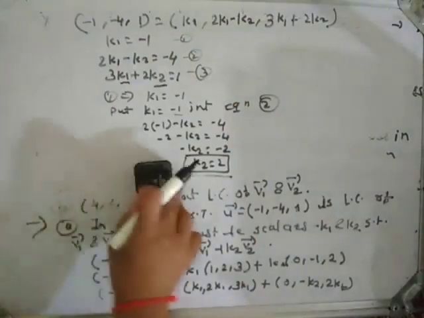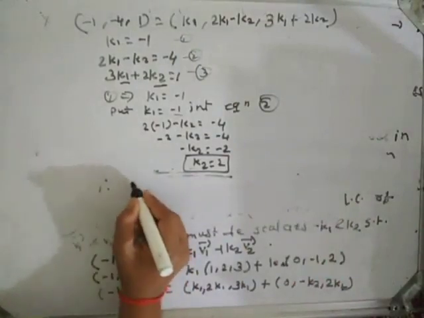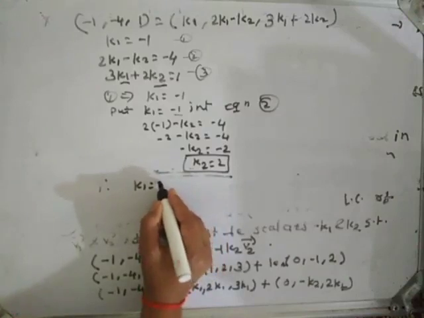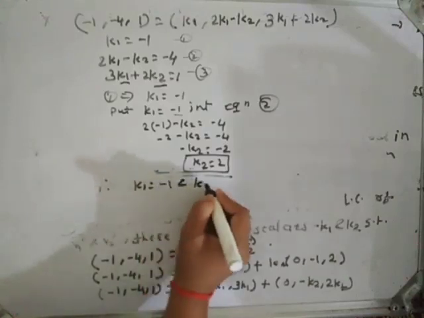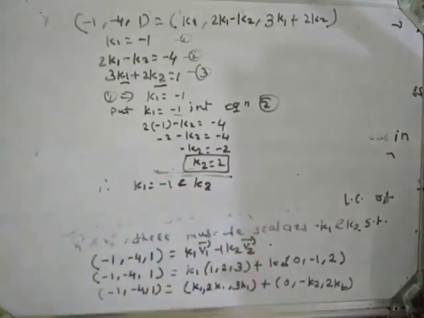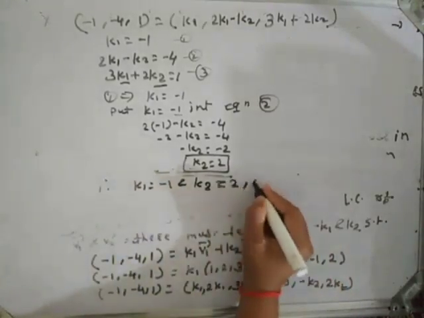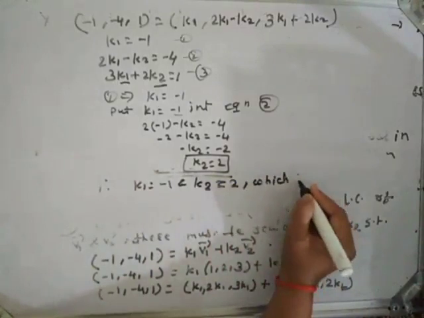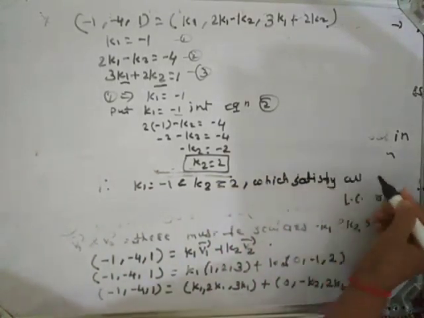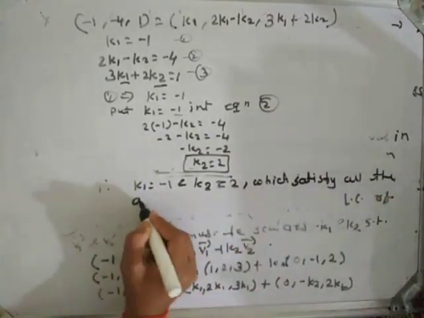So therefore K1 is equal to -1 and K2 is equal to 2, which satisfy all the above three equations.